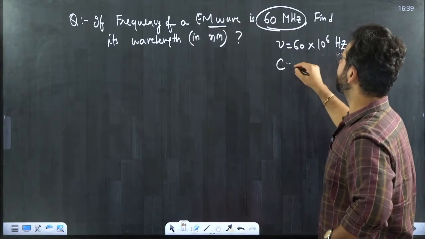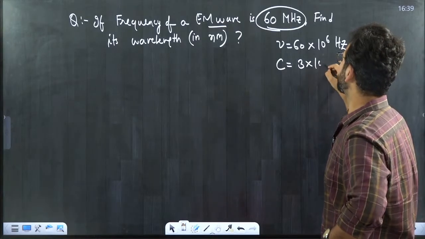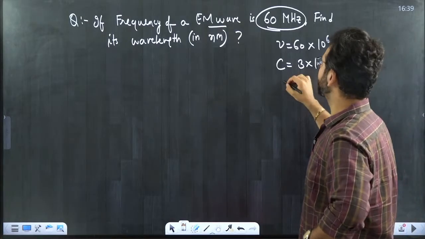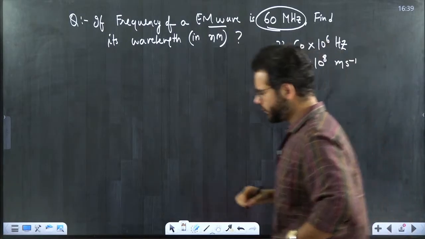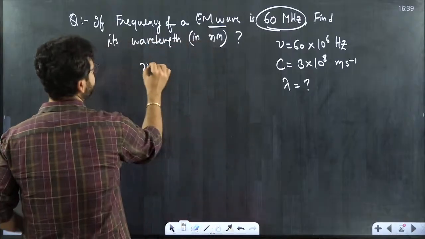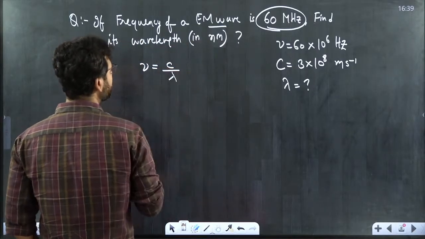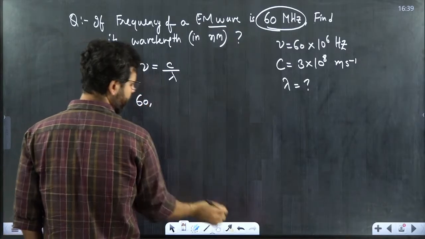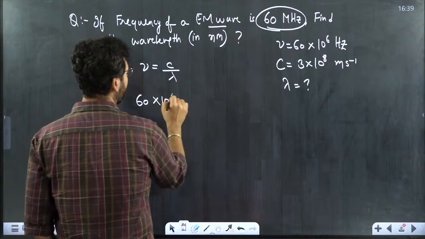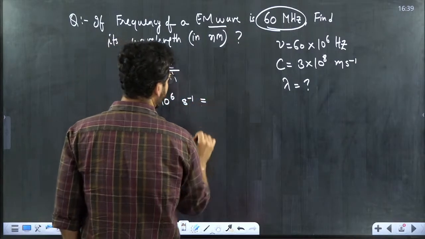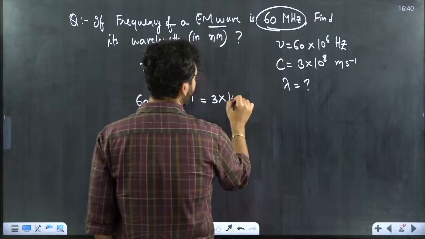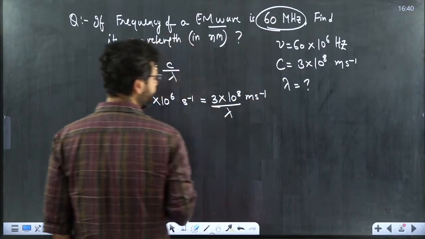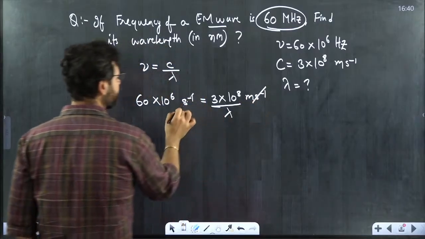And the speed of light we always know is 3 into 10 power 8 meter per second. And they're asking for the wavelength lambda, which we have to find. We know nu equals c by lambda. So frequency, which is 60 megahertz, 60 into 10 power 6 hertz, and hertz means second minus 1, equals the speed of light 3 into 10 power 8 meter second minus 1 by lambda. Second minus 1 cancels out.